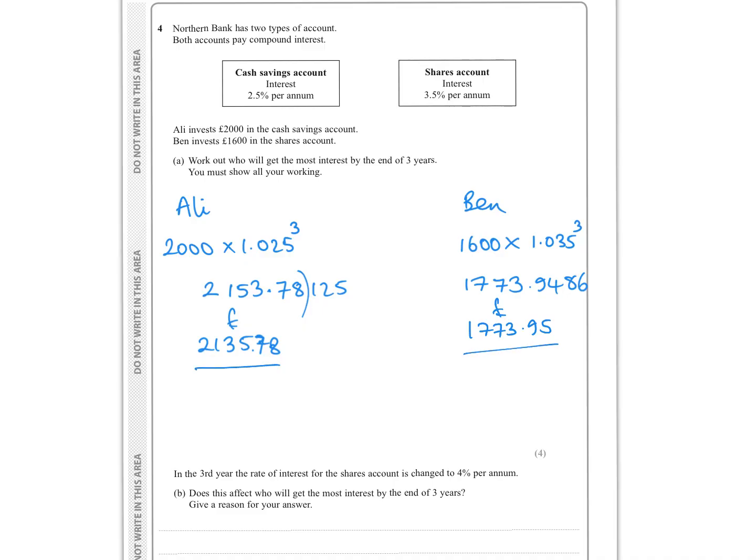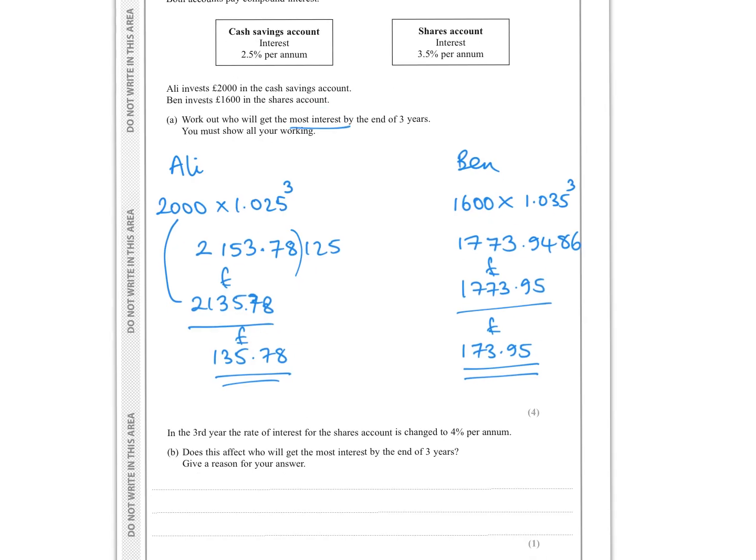So you can see who gets the most interest, well, just take it away from the principal amount. So you're going to get £135.78 compared with £173.95. Okay, so who will get the most? Well, Ben will get the most quite clearly from that.